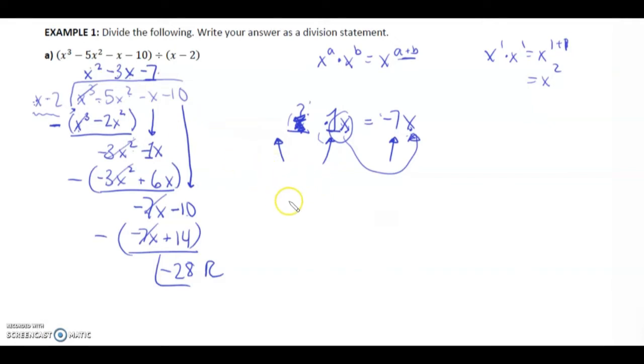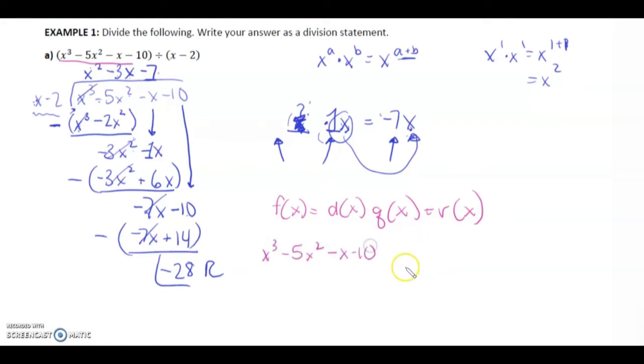Okay, and finally, we're going to do the division statement. So our division statement is f of x equals d of x times q of x, plus the remainder. Okay, so our f of x is the original. So we just sub in x cubed minus 5x squared minus x minus 10 equals, okay, the divisor and the quotient are going to be this and this.